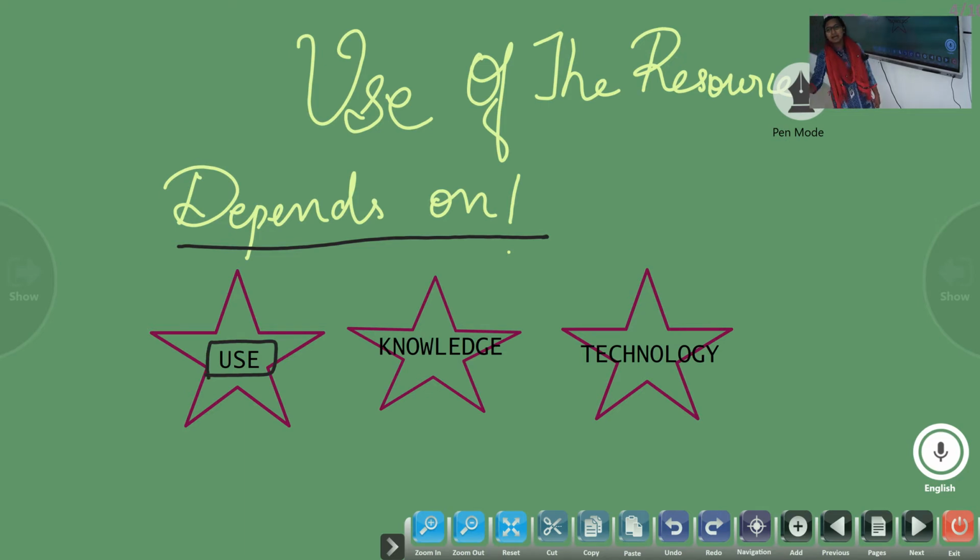For example, I might have green plants all around my place, but if I don't want to use them, they will only remain as green plants around me. They would not become my resource. So, the first thing to make use of a resource is use itself, or the need to use the resource.